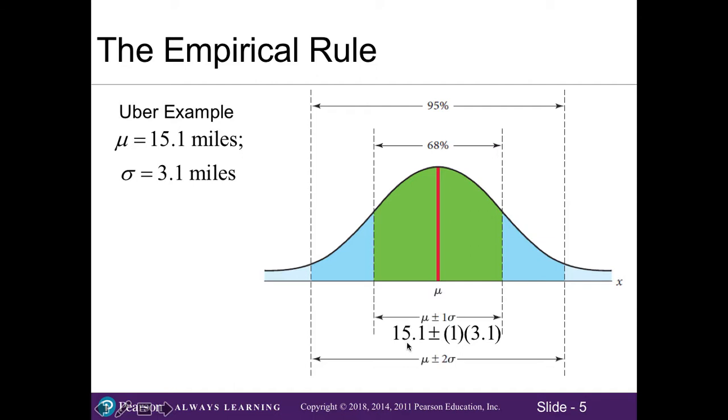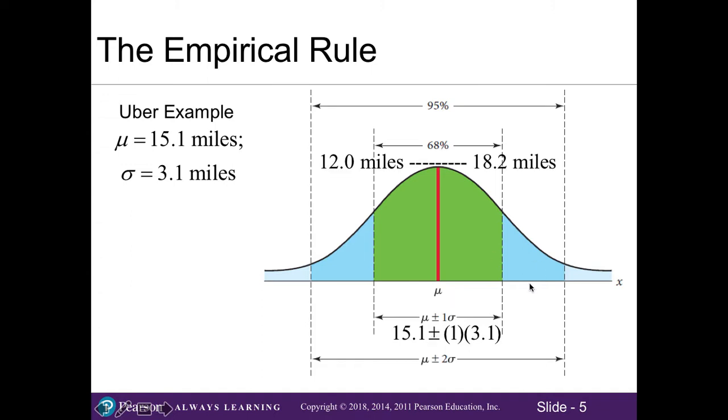Here, my mean of 15.1 goes here, plus or minus, and we're looking at one standard deviation away. So we'll take my 1 and multiply it by my standard deviation of 3.1. We know that equals 3.1. Then I'll take 15.1 minus 3.1, which gives me my lower limit, and 15.1 plus 3.1, which gives me my upper limit.